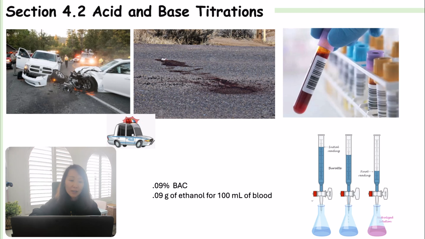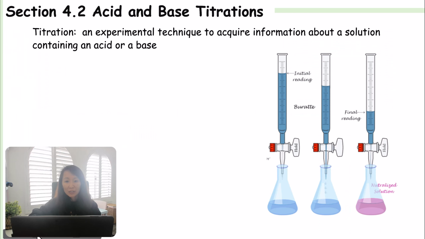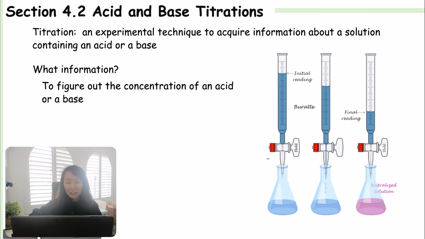But in our experiment, in our class, we're going to deal with an acid and base titration. An acid-base titration is an experiment to acquire information about a solution containing an acid or a base. What is that information? You're trying to look for the concentration of an acid or a base.